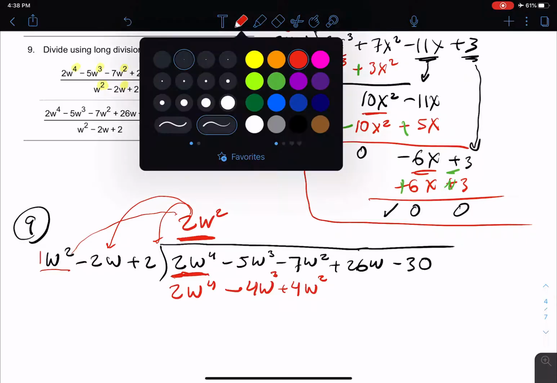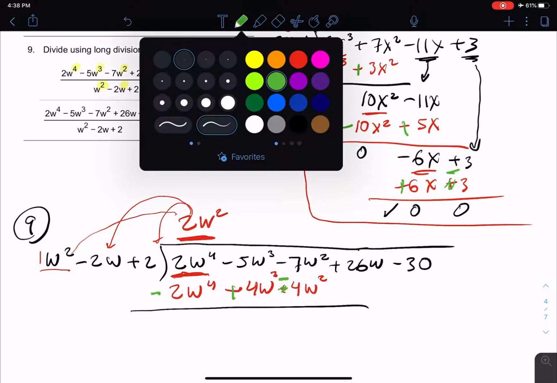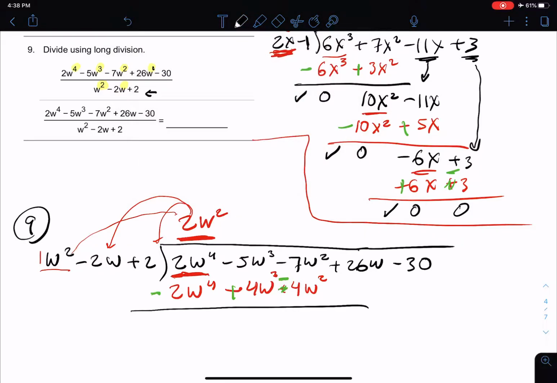Now remember, our polynomial subtraction is best done by just changing the signs and adding them up, right? Change the signs and add them up. Also, we know 2 and a negative 2, w to the fourth, is 0, and that has to happen, which confirms that we picked the right number up there.